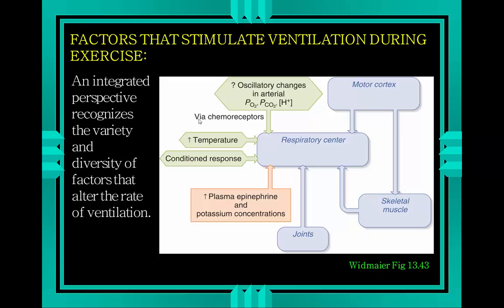So there may be jumping up and down of partial pressure of oxygen and carbon dioxide and hydrogen ion concentrations that happen so rapidly that we don't really see them in the average, and those oscillatory changes might stimulate the respiratory center. The question mark says that this is purely hypothetical and there's no evidence to suggest that happens, but it may, doesn't mean it doesn't. So that gives you an idea of the complexity behind what we thought might have been a very simple process of explaining how ventilation changes during exercise.